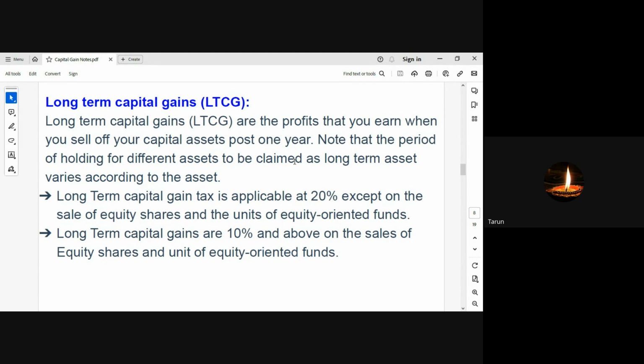And this is the category when a securities transaction is applicable in case of sale of equity shares and units of equity oriented funds. The shares that you have owned from the company, if sold off after a couple of years, are also termed as long term capital gain.